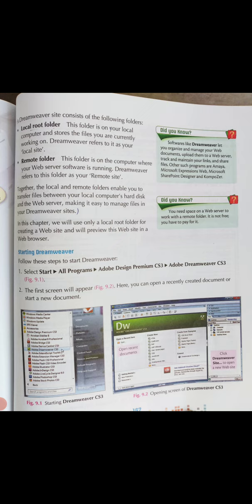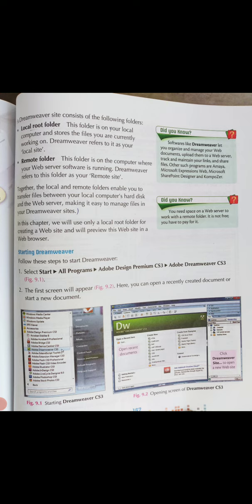Clear? And this is located only in your remote site. Local root folder is located in the local site and the remote folder is located in your remote site. Clear? Can you get the difference between these two folders?